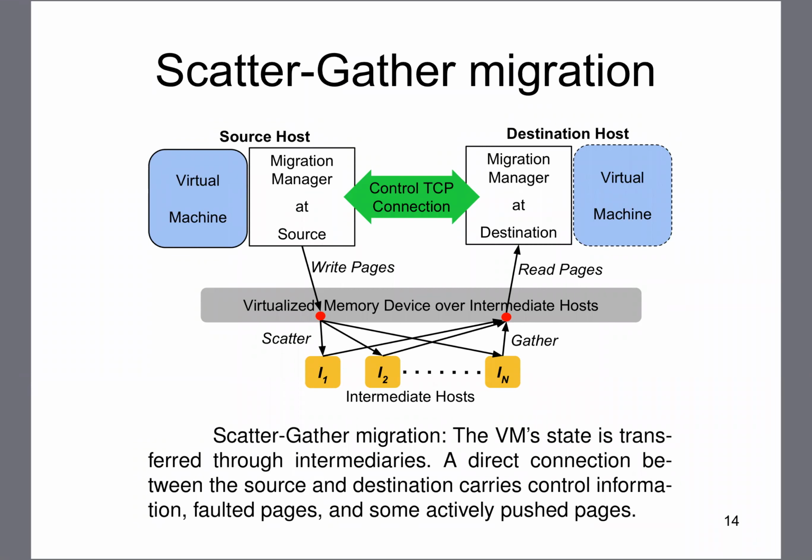This way, the source can push the VM out as fast as possible. In the destination, because it's slower, it can gather the VM at its own pace at a later time. So this is another interesting design point to consider. And you can, of course, scale this to many VMs. You can scatter many VMs and gather many VMs at different locations.